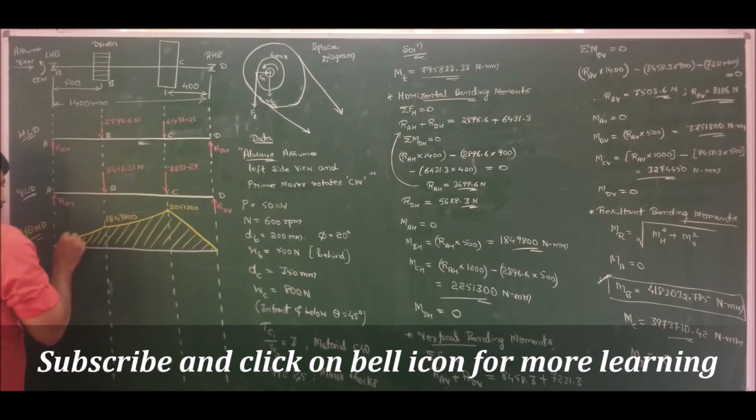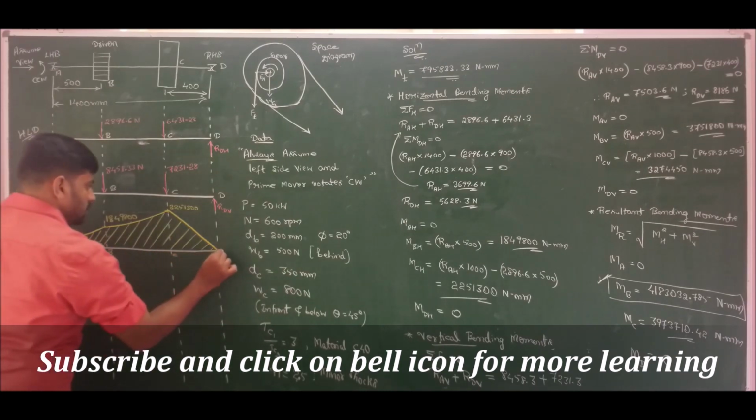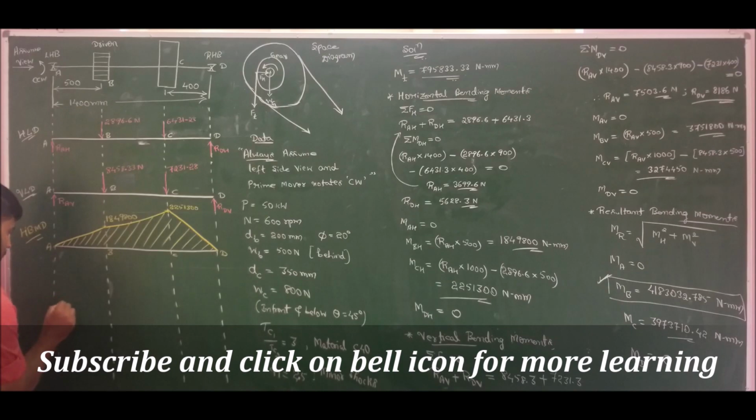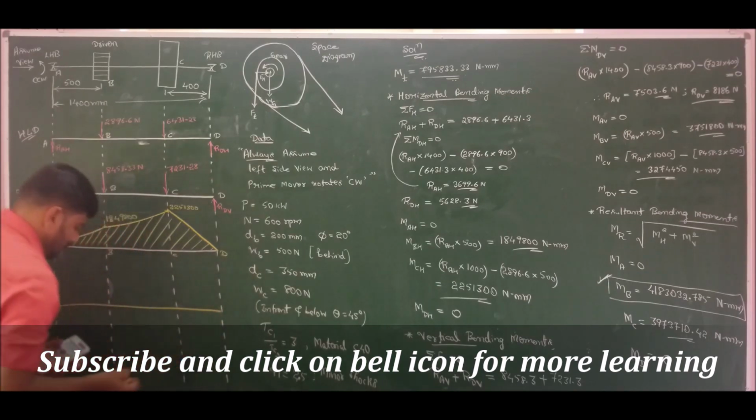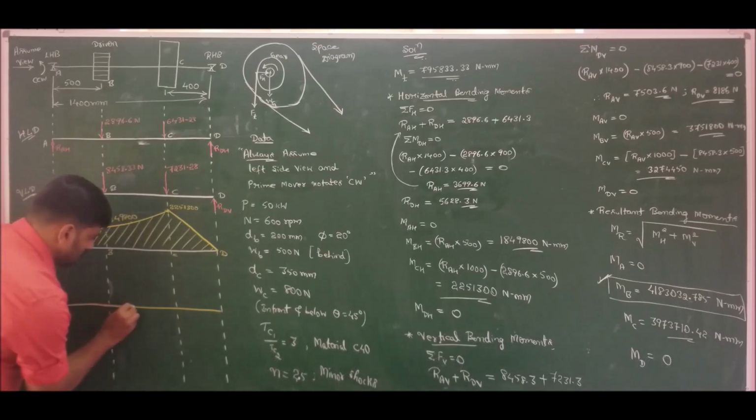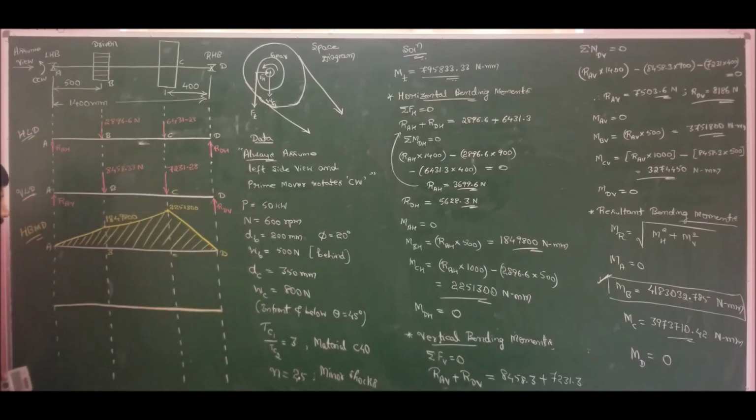This should be linear, which people already know. Points A, B, C, D. Coming to the vertical bending moment diagram, at A it is 0, at B we have 3751800. Next we have 3274450.